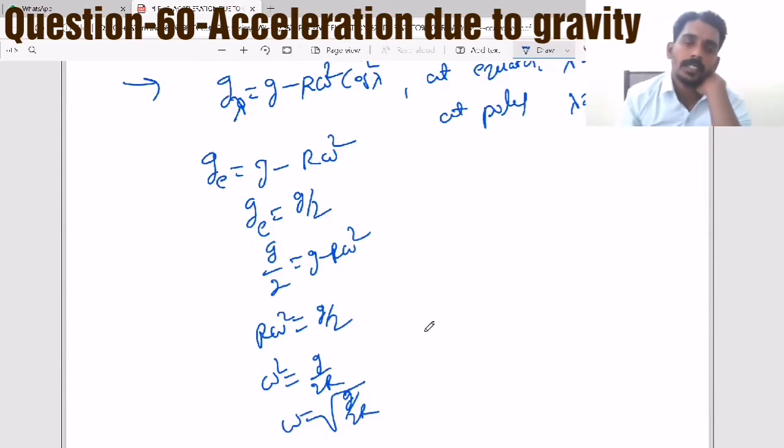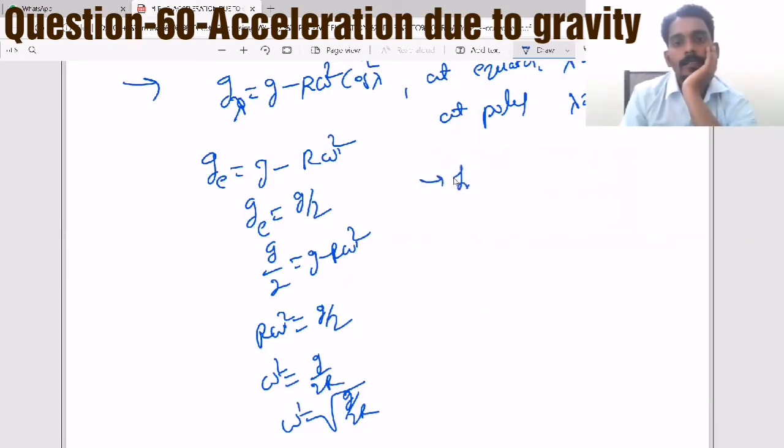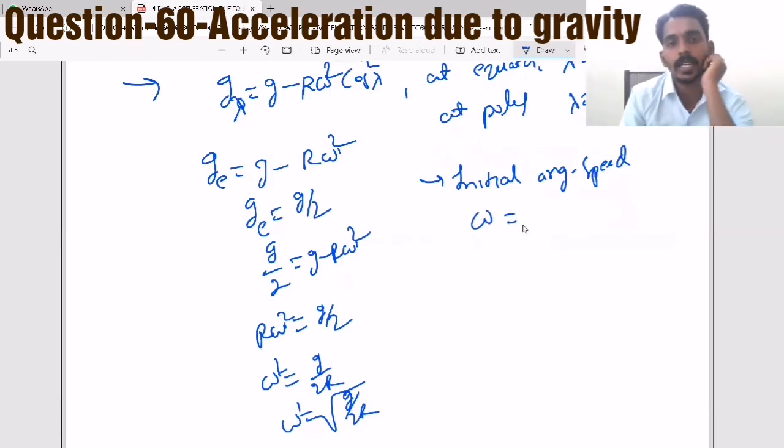Now the time period got changed. See, let's take the new angular speed is like omega dash. Now initial angular speed, if you consider omega, that omega equal to what it will become?